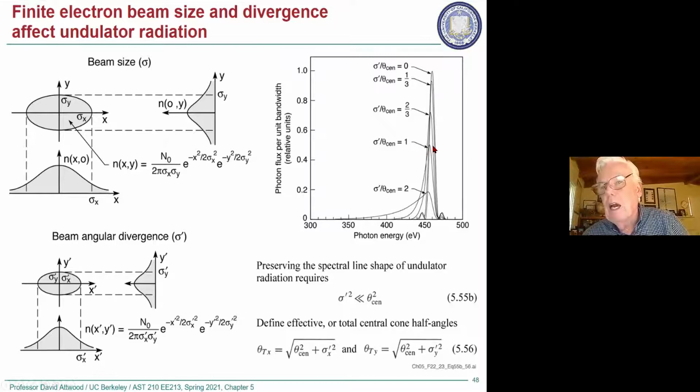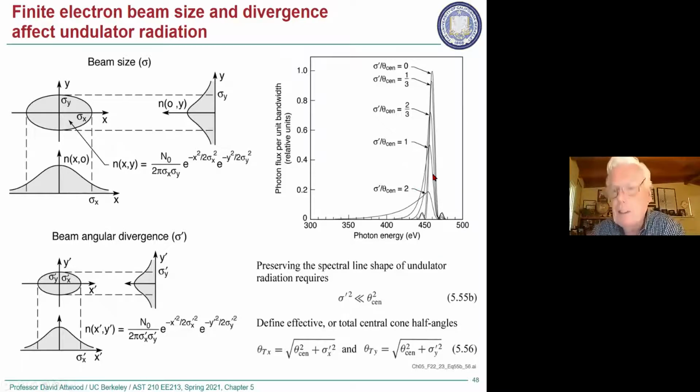They'll have a broadening of the spectrum because many of the electrons are going through far enough off axis that it takes them a longer time to do the N oscillations, or the 100 oscillations. And because they're off axis, just geometry, their path length is longer, they're going to produce a lower frequency of radiation. That's what's happening here, lower photon energy, and they're going to have a broader spectrum.